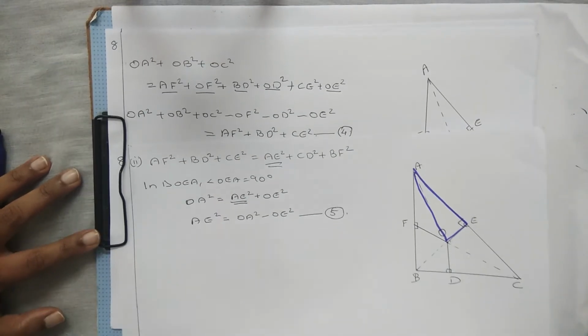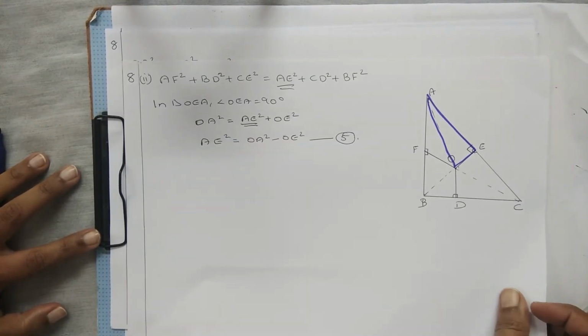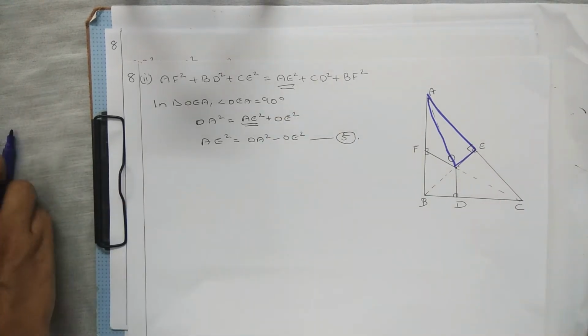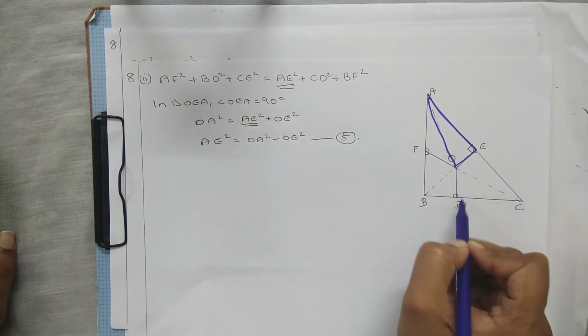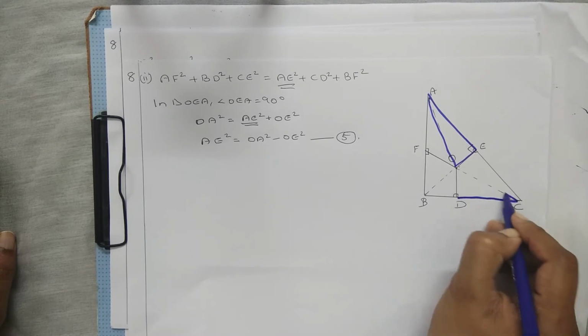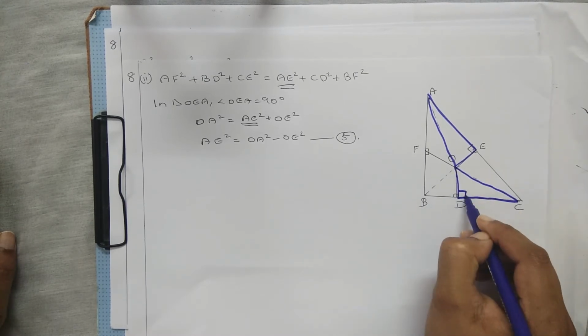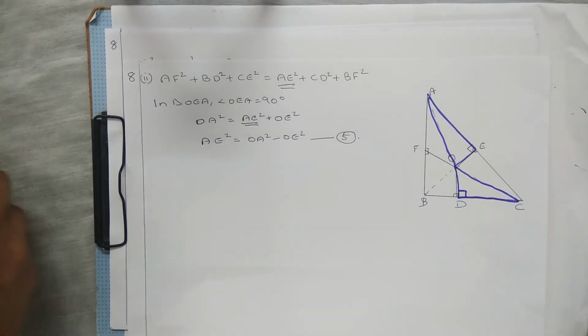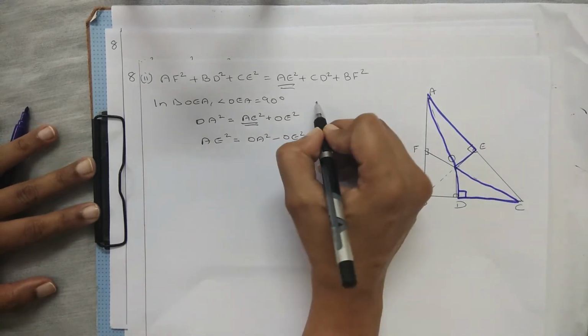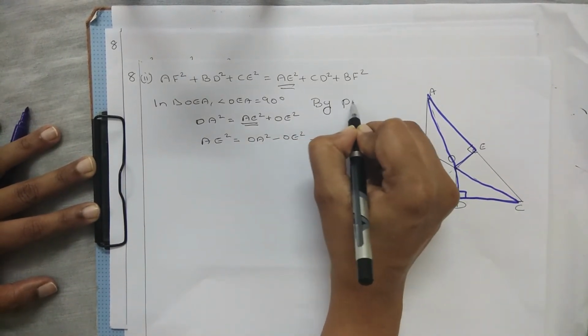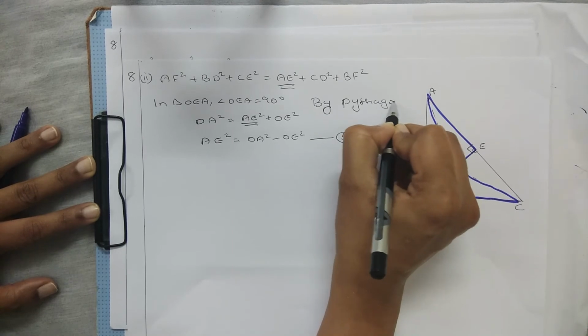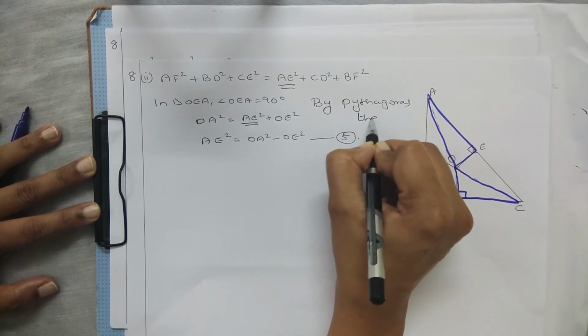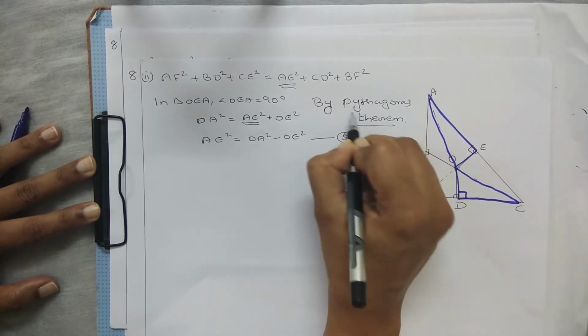Clear, children? The same way you can write the next one. CD square, which triangle? CD, this side. So this is the triangle you have to apply. Pythagoras theorem. So once I will write here, by Pythagoras theorem. Always no need to write. Okay.